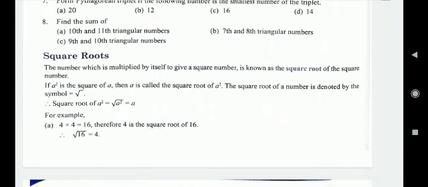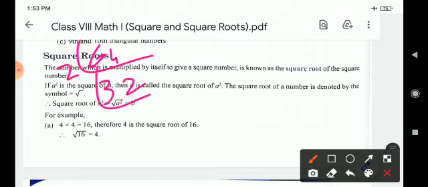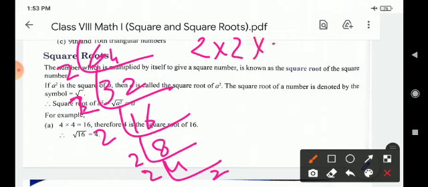Children, now I will consider under root 64. First, I will solve the prime factorization of 64: 2 32s are 64, 2 16s are 32, 2 8s are 16, 2 4s are 8, 2 2s are 4. So 2 into 2 into 2 into 2 into 2 into 2.